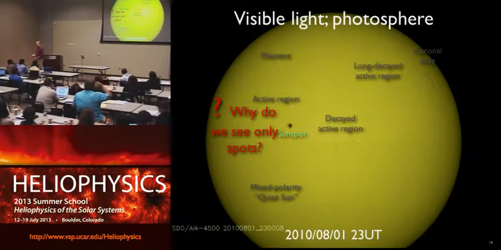The reason is the magnetic field does not noticeably change the intensity of the light unless the magnetic field can change the atmosphere from which that light comes. And it can do that only if the field is strong enough and if the patch is large enough. So how does that work?